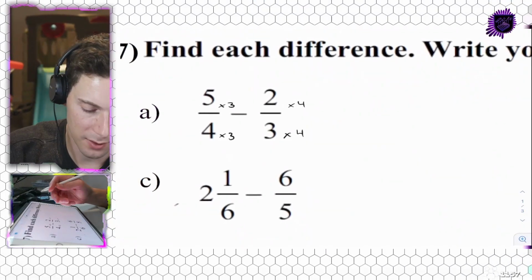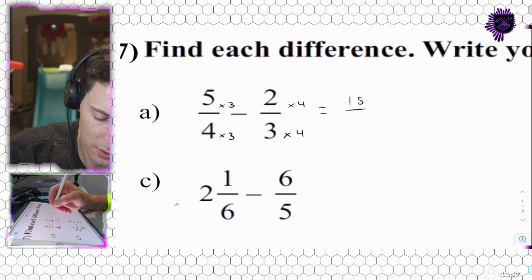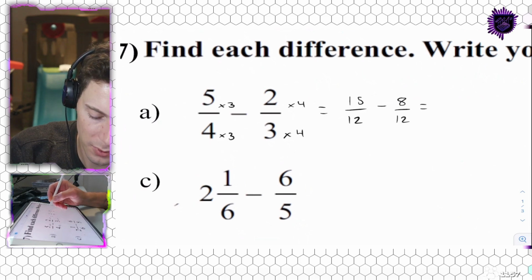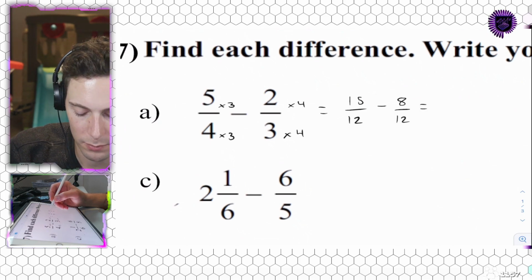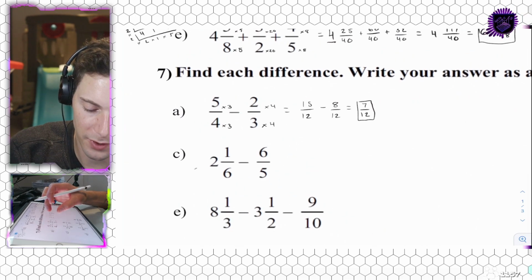And that means we're going to be rewriting our fraction as 15/12 minus 8/12, and that's going to be equal to 7/12. And that's our answer. 7/12. You cannot simplify that any further.